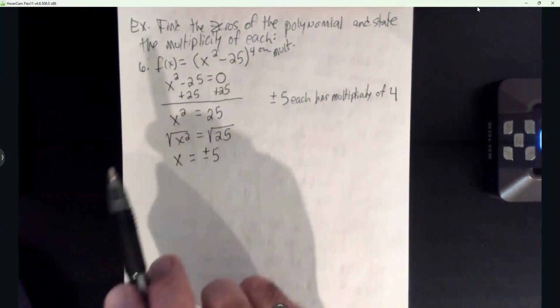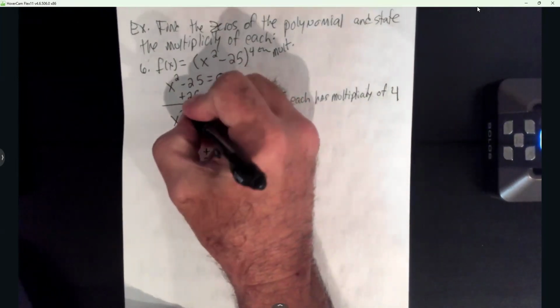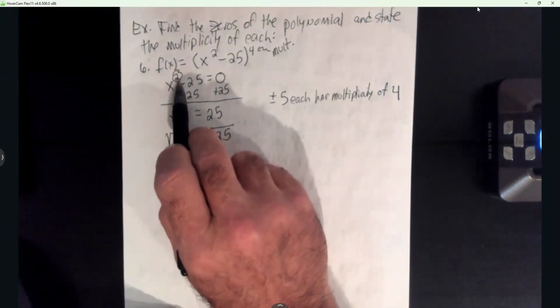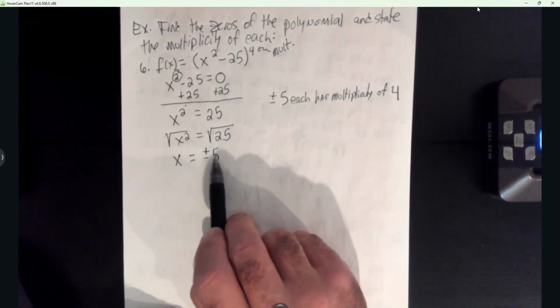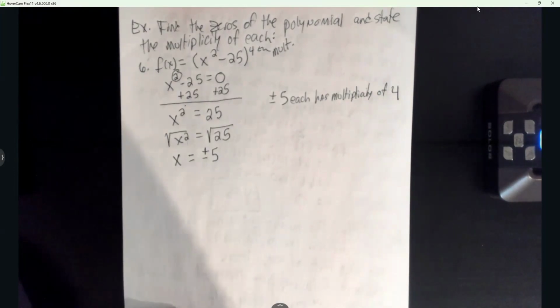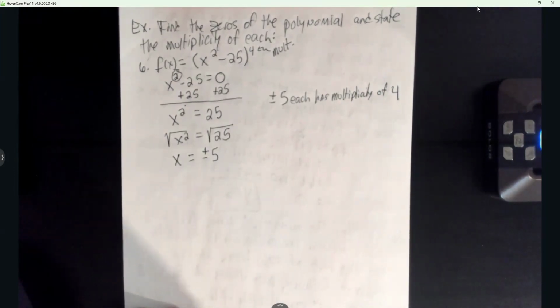And y'all remember, when you're solving something and your exponent is a 2, that means you need 2 answers, 5 and -5. If that was the x to the third, we would need 3 answers, okay? So the highest exponent will tell you how many answers you need.